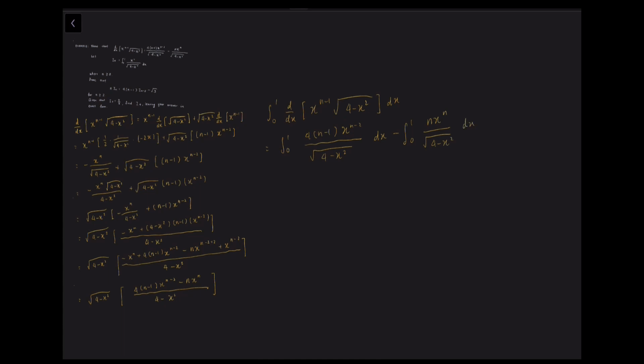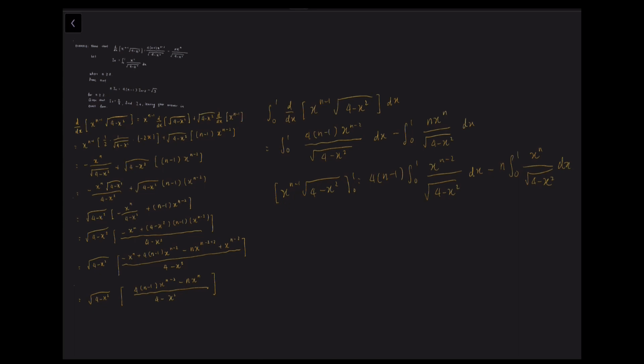So on the left hand side, integrate and differentiate cancels out. We have x^(n-1) square root 4 minus x squared with the boundaries 0 to 1, and equals to 4 times (n-1) integrate x^(n-2) over square root 4 minus x squared dx minus n integrate x^n over square root 4 minus x squared dx.